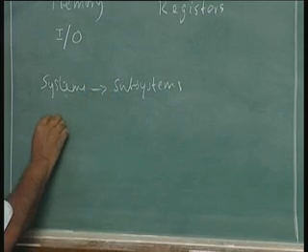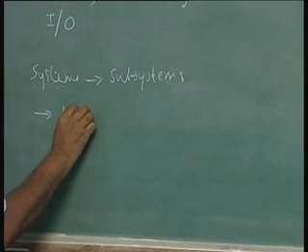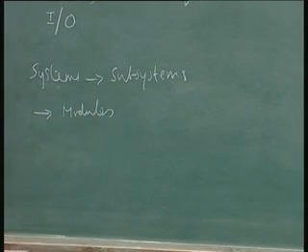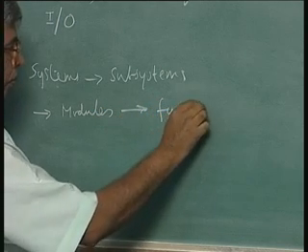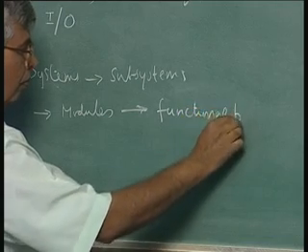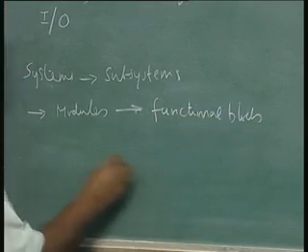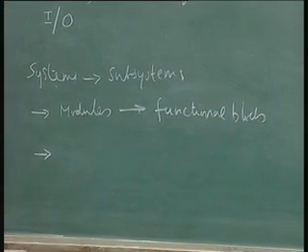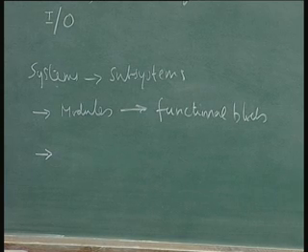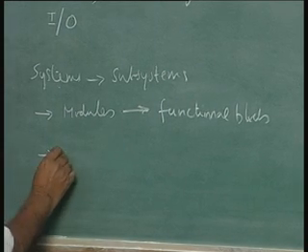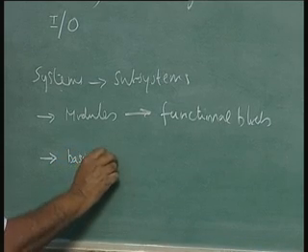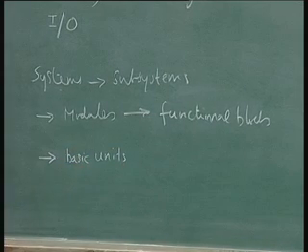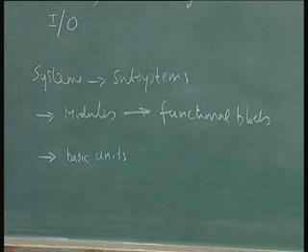Subsystems can be broken into modules or functional blocks if you want to call them. And functional blocks can be downgraded into basic units. I will not elaborate at this time because in this first course, we do not have some of the background that you need.